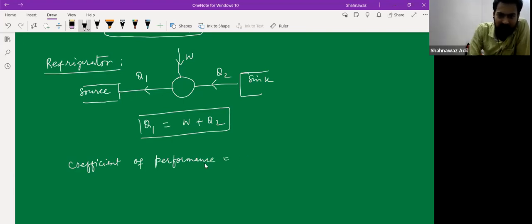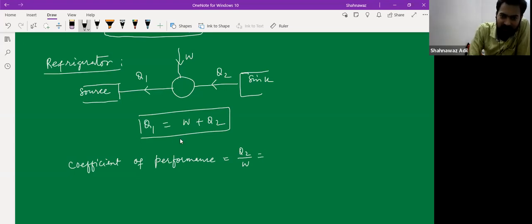So coefficient of performance is defined like this: whatever the heat you take from the sink, and whatever the work is done on the system, this is called the coefficient of performance, right?